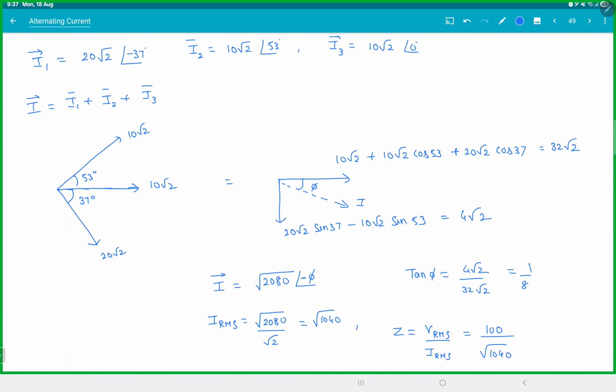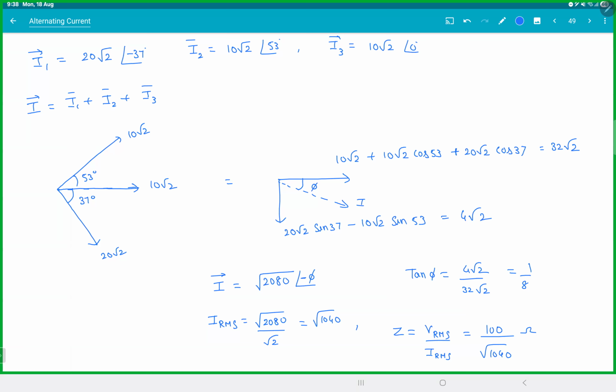That's your impedance. Clear with this? Yeah, I think you guys got it. It's a little lengthy, the mathematics part, but overall, that's how you add phasors.